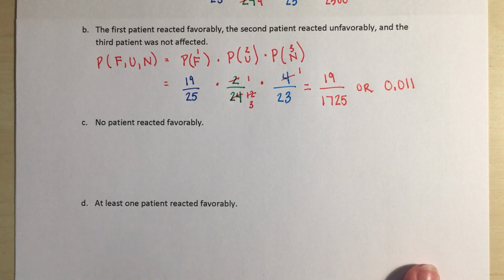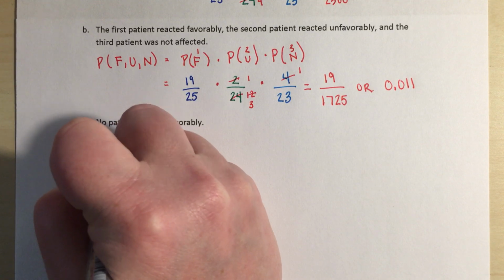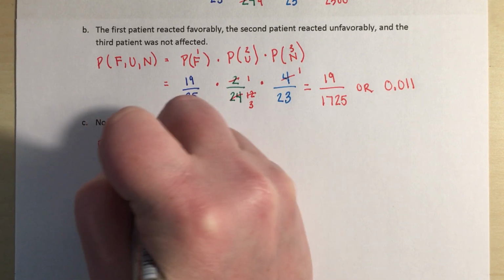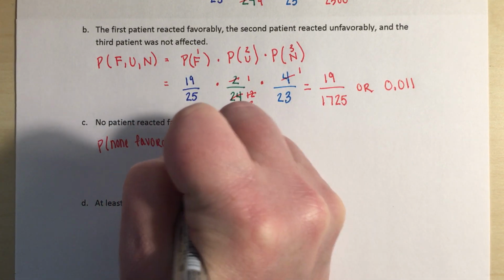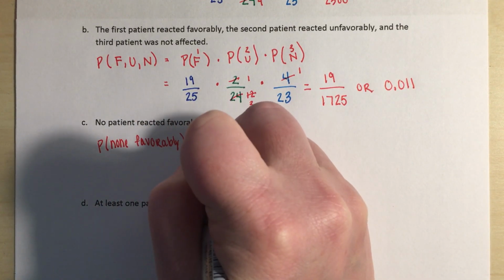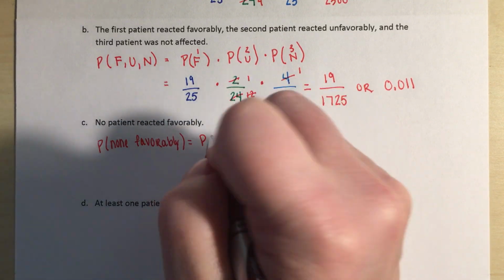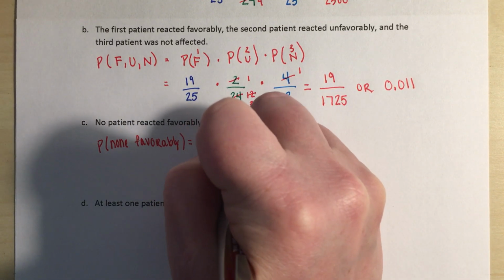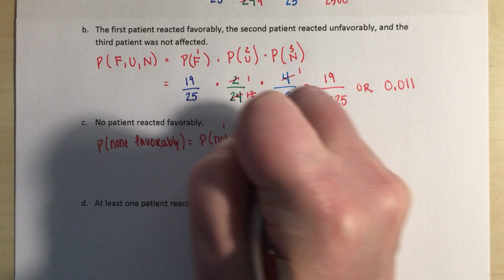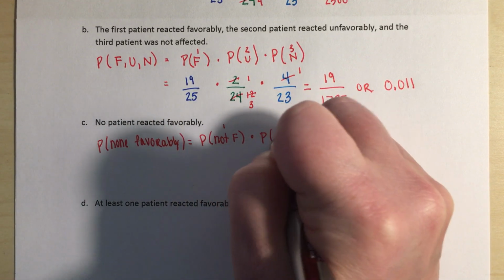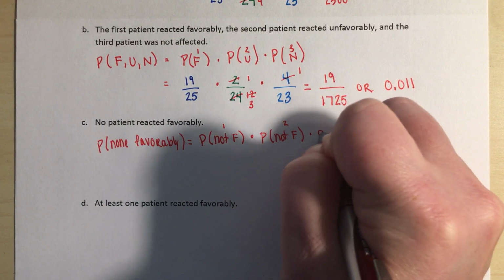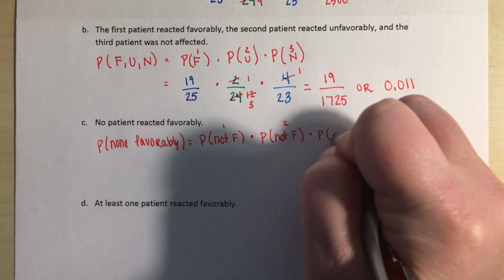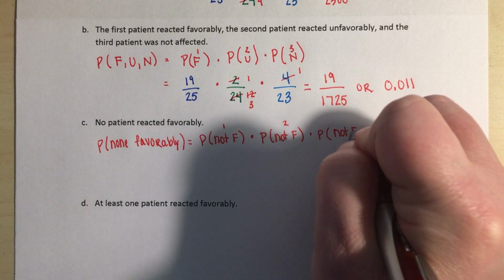Right, so for C, the probability that no patient reacted favorably. So the probability that the first person was not favorable times the probability that the second person was not favorable times our probability that the third person was not favorable.